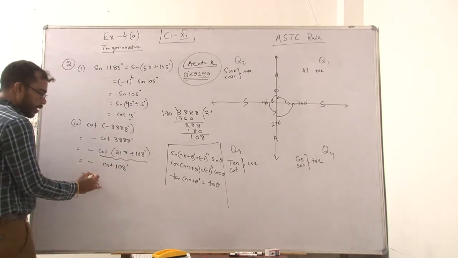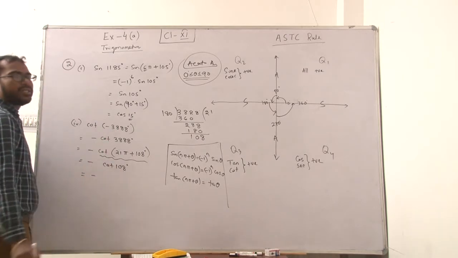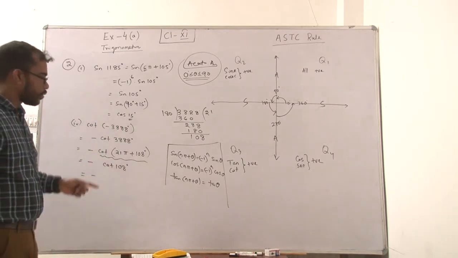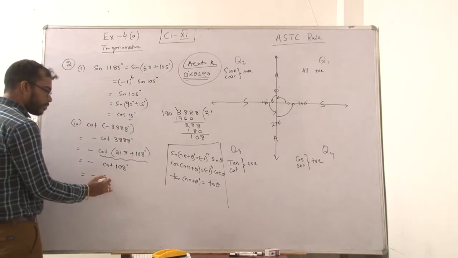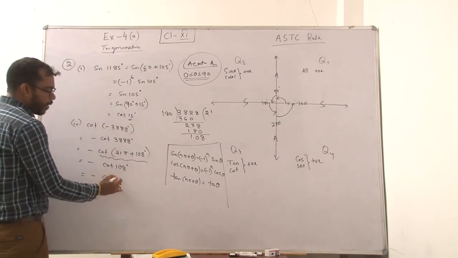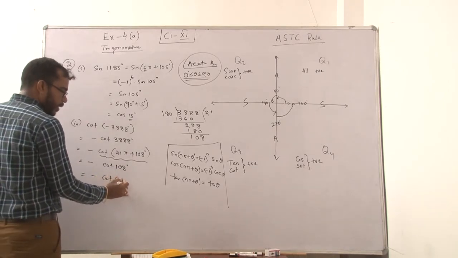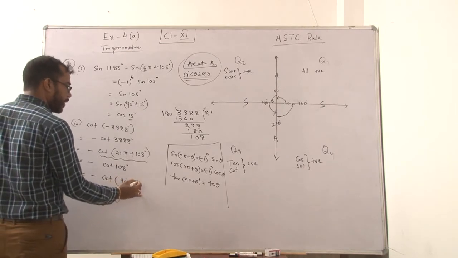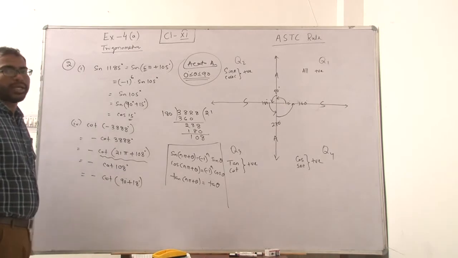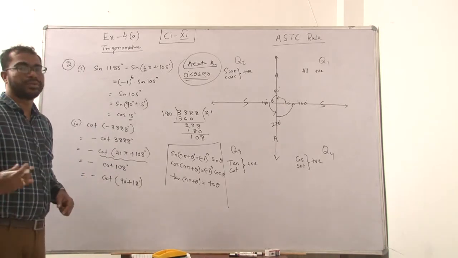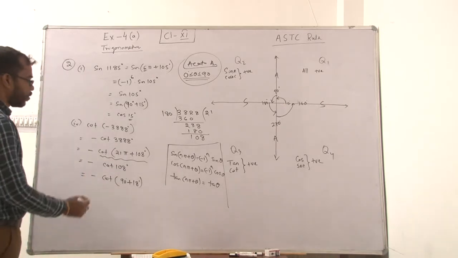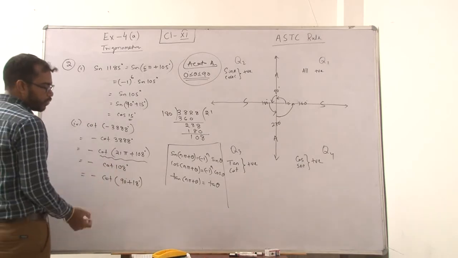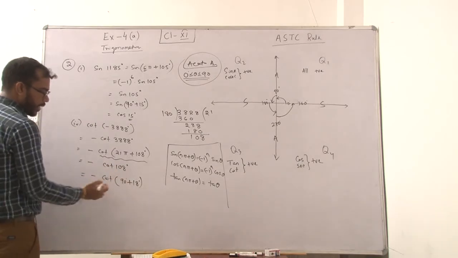But 108 degree is not an acute angle, so we have to convert it. You can write 108 degree in 90 degree form as 90 degree plus 18 degree, or you can write 180 minus 72 degree. As per your choice, you can write 108 is equal to 90 plus 18.